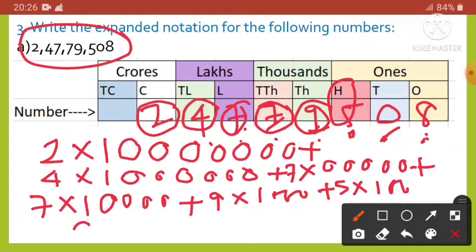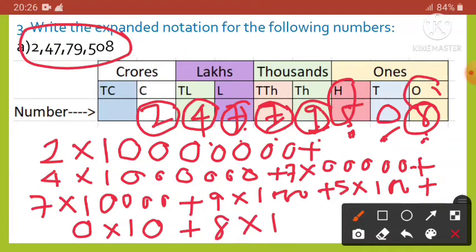So 0 will be 0 into 10. Here will be the plus sign, and here will be the plus sign, and at last it is 8. It is ones place, so 8 into 1. So it is the expanded notation for the number given here. Okay, got it?